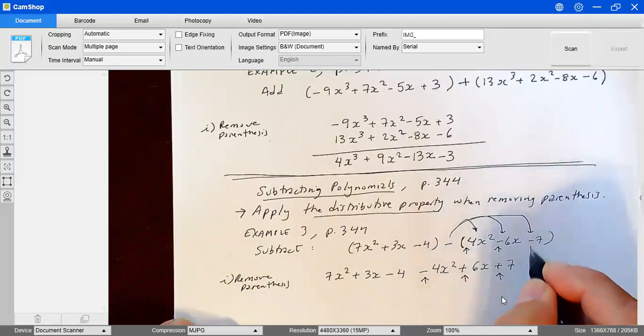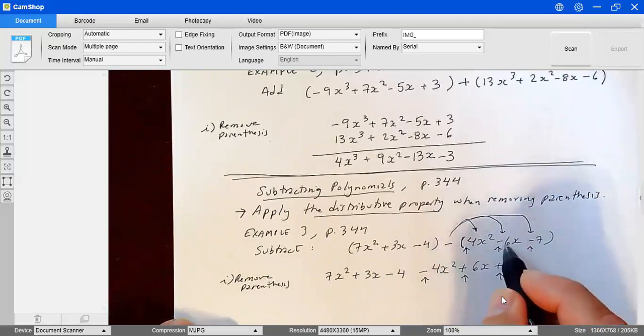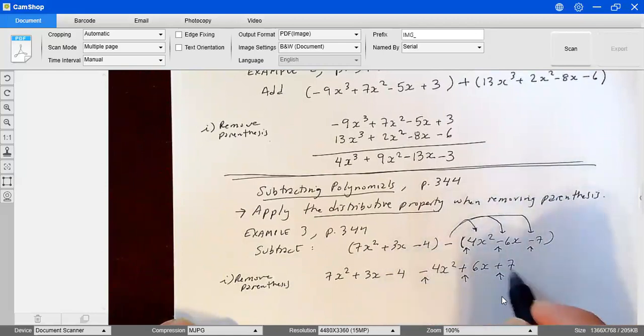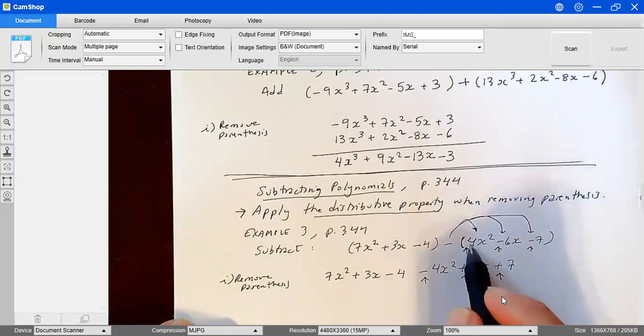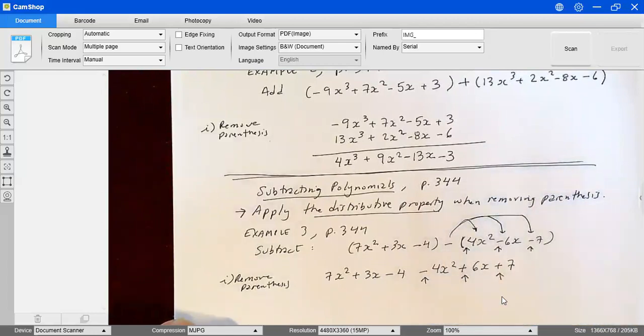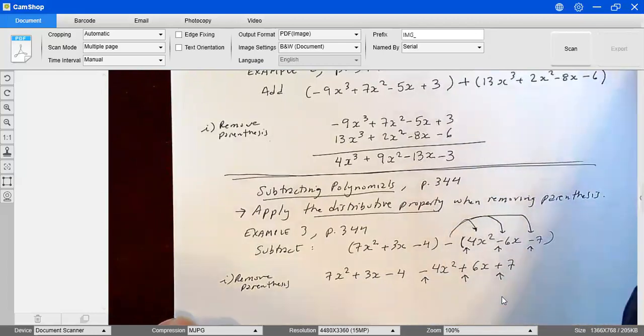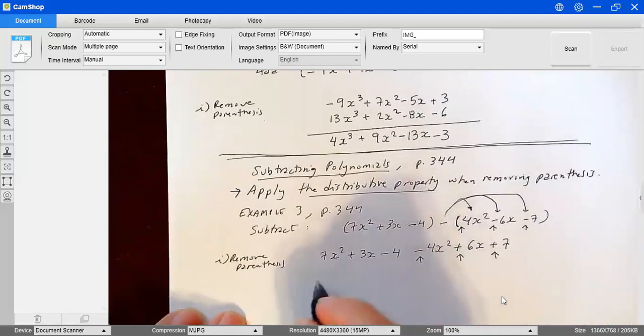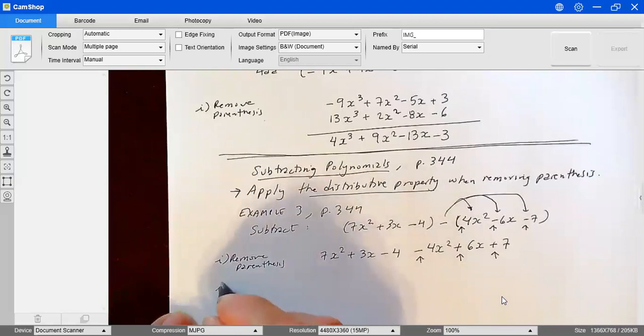Check the signs: 4, -6, -7. Now it's going to be -4, +6, +7. What was positive is now negative, and what was negative is now positive, only for the second polynomial. So now we proceed in the same way that we did before. We're going to combine like terms.